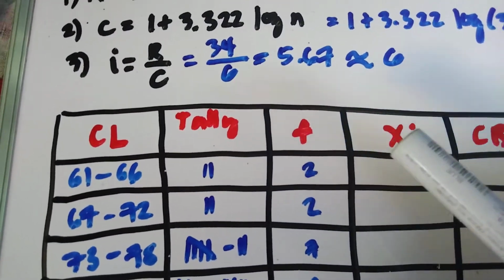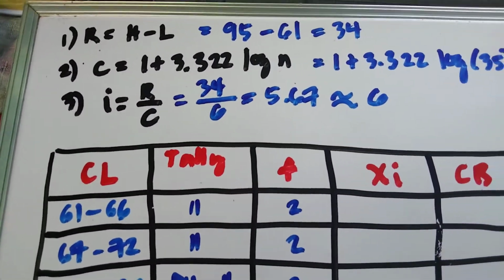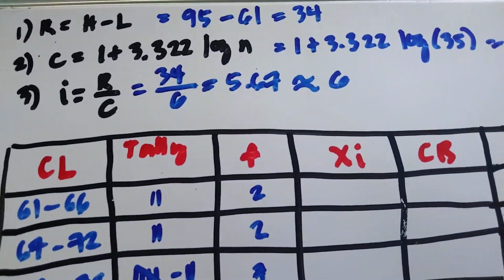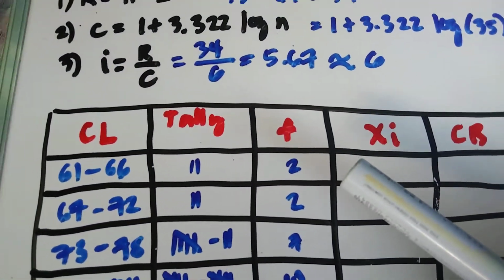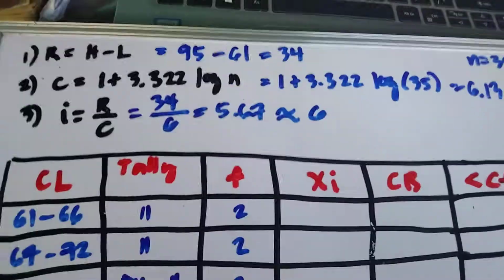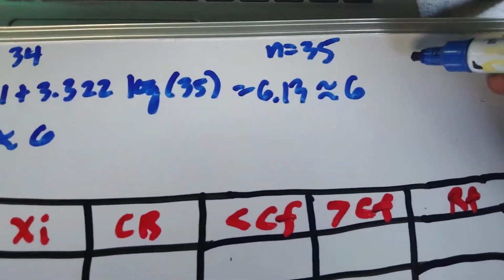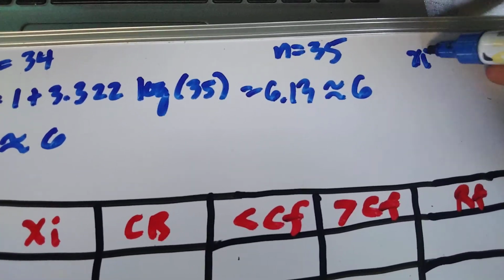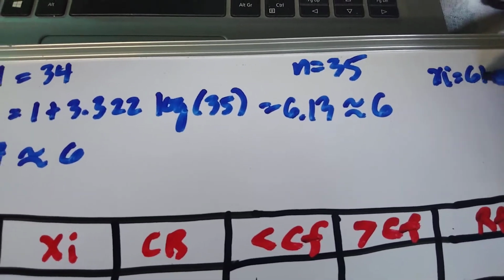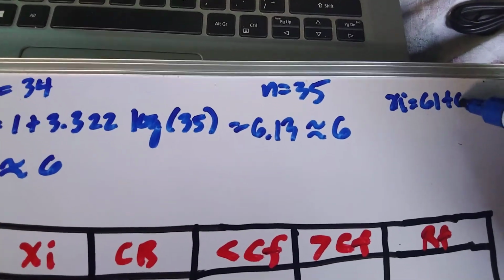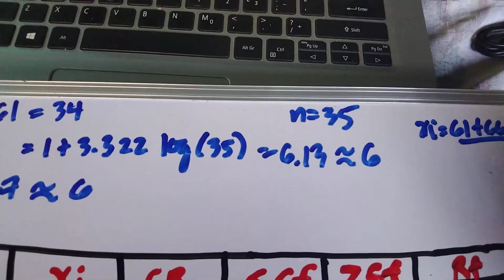Now, what is x sub i, or class marks? How do we obtain this? To obtain x sub i, you simply add 61, the first class interval, plus 66, and divide it by 2.